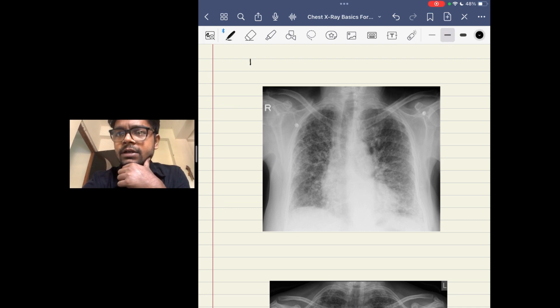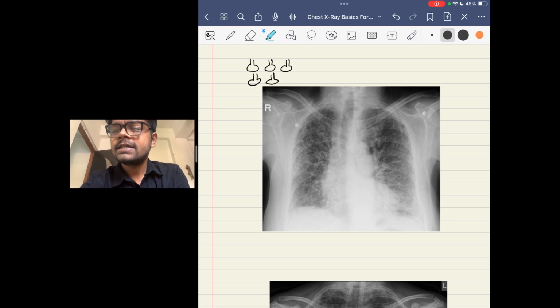In case you're wondering what the interstitium is, these are the alveoli, alveolar sacs, and in between whatever is there is the interstitial area.